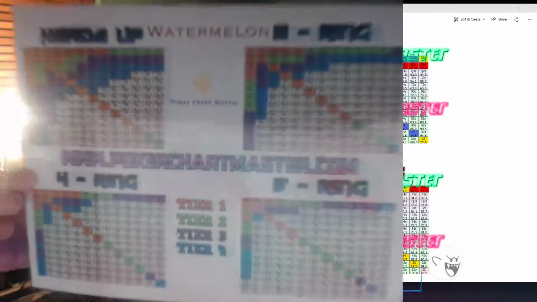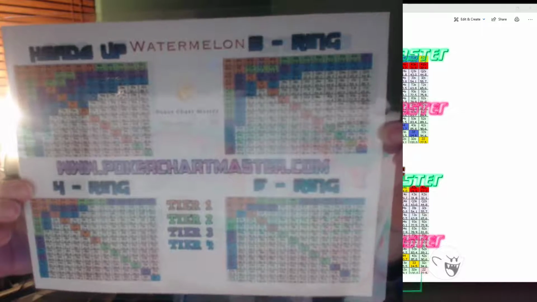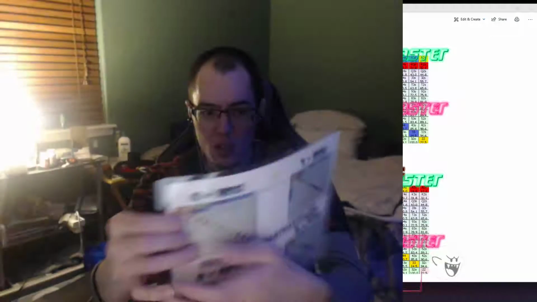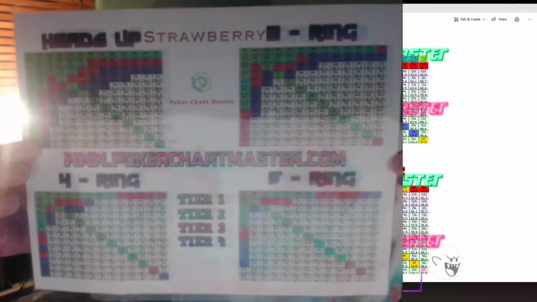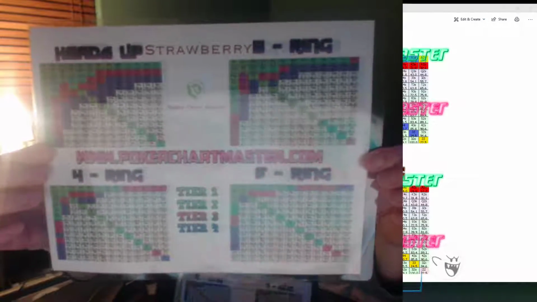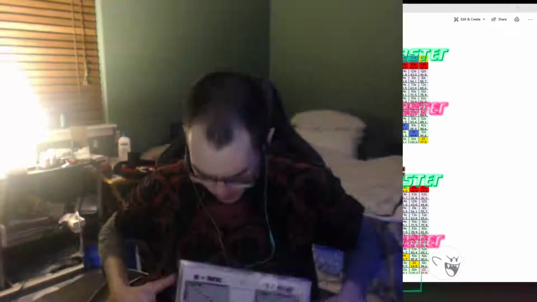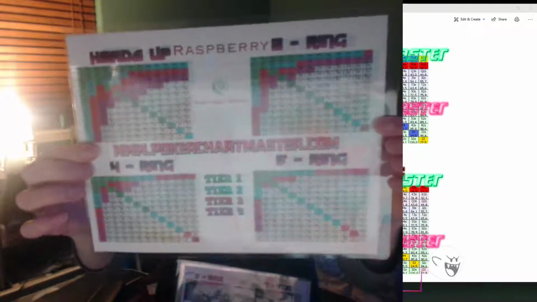I think it looks nearly identical to watermelon, and it really feels like watermelon. That's another thing that I really like about all the names I gave my charts, like strawberry. It really has a strawberry texture and feel to it, so I really like that. Raspberry, this is updated. Used to be pomegranate.